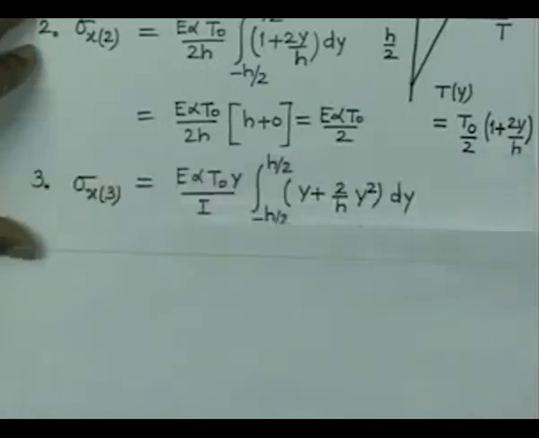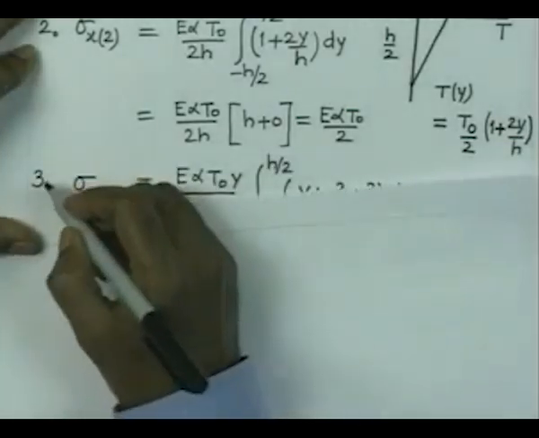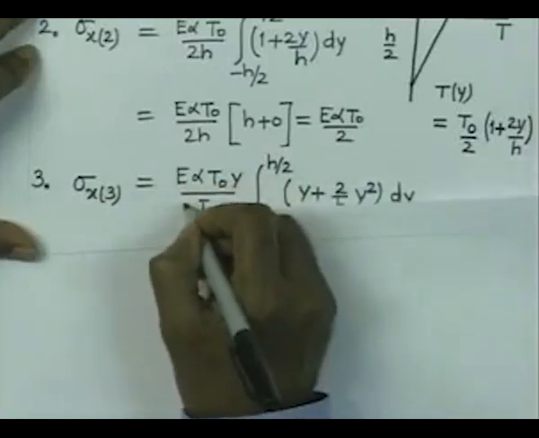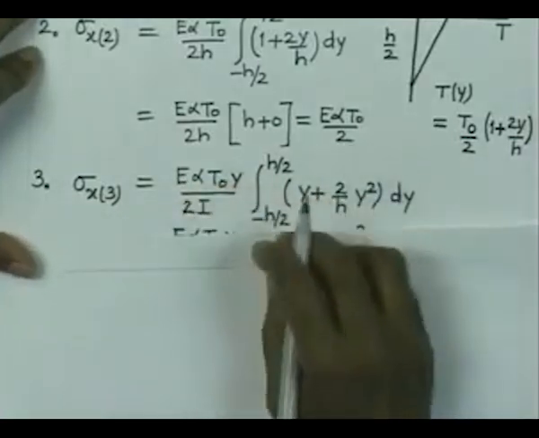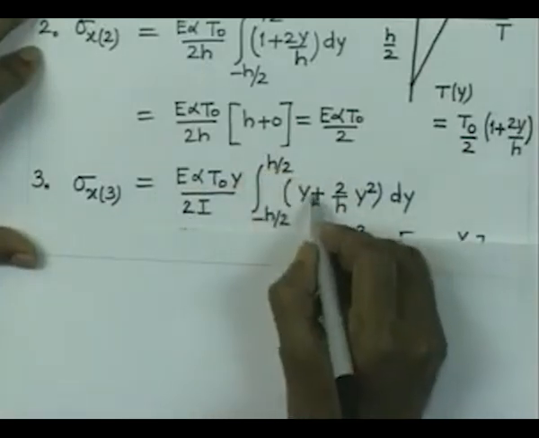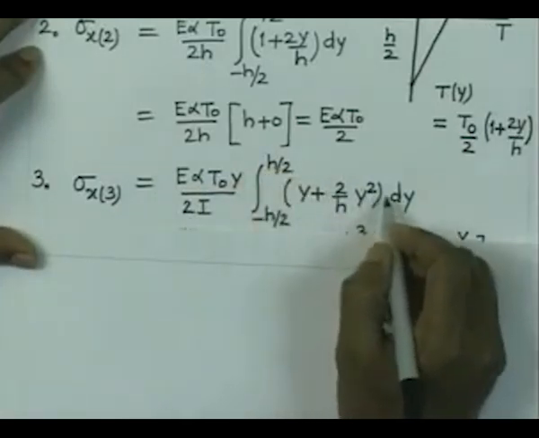Third part, which is sigma x3, it is E alpha T0 y by I, and integral from minus h by 2 to plus h by 2 of y plus 2 by h y square dy.